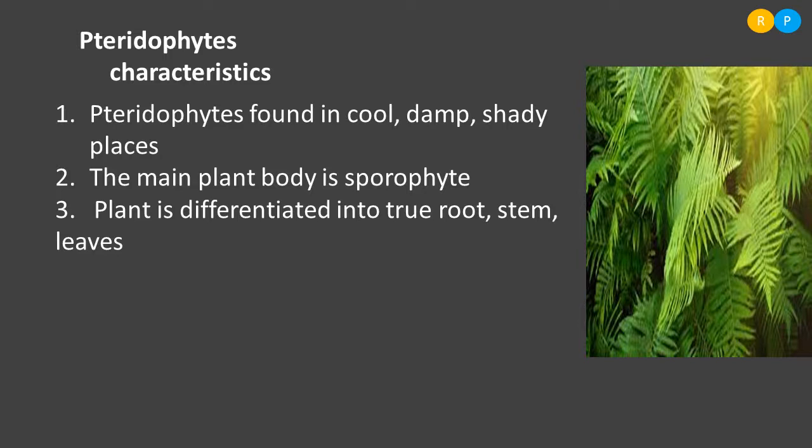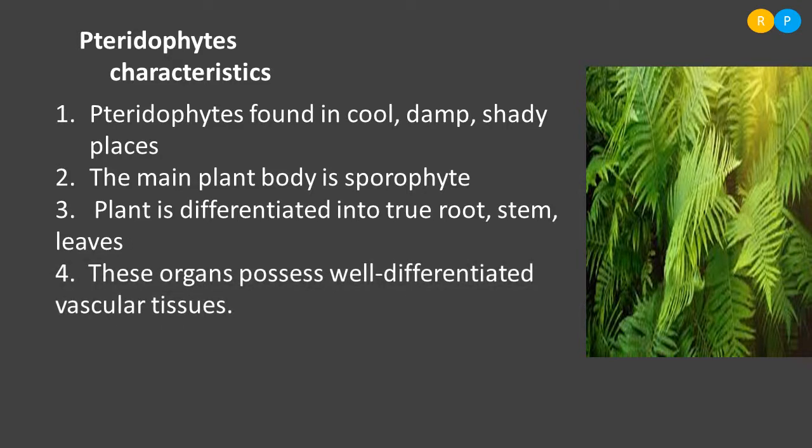Clear? When the plant parts consist of vascular tissue, we consider the plant part a true part. So we have seen that bryophytes do not consist of vascular tissue. Because of this reason, we considered their body parts as leaf-like, stem-like and root-like structures. Clear? So here, because of the presence of vascular tissue, we are differentiating the plant body into true root, stem and leaves.